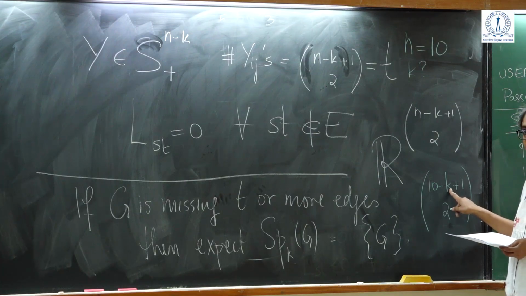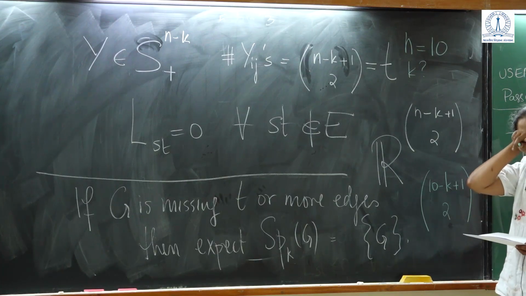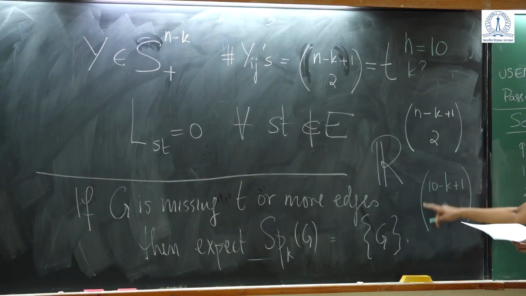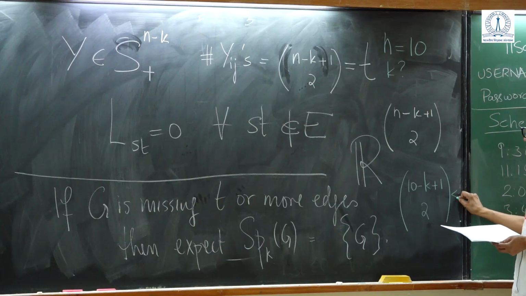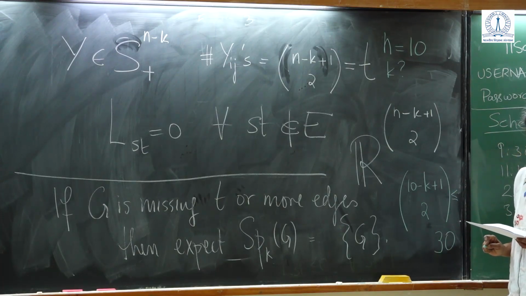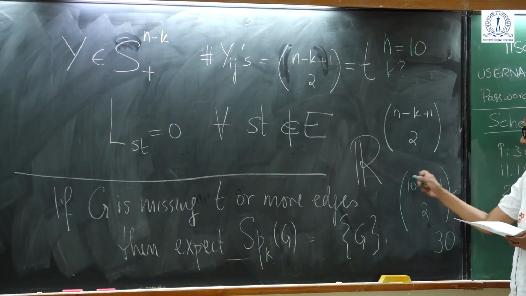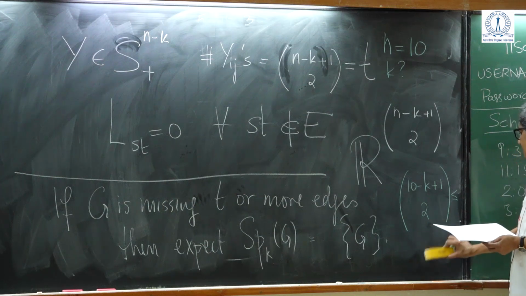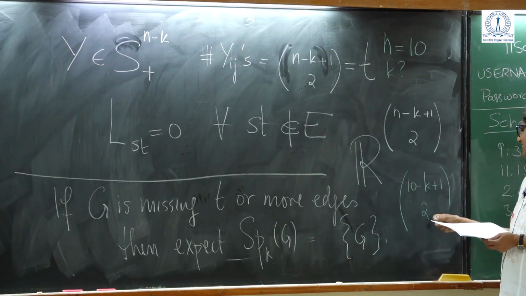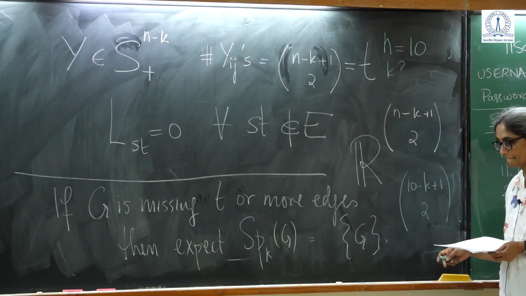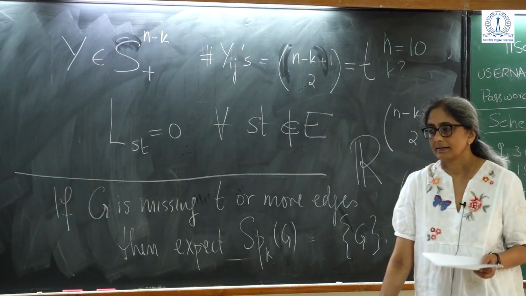On 10 vertices and 30 edges. Yeah, 30 edges. Okay, so we want this number to be less than or equal to the number of missing edges, sorry. 45 is the maximum number of edges on 10 vertices.